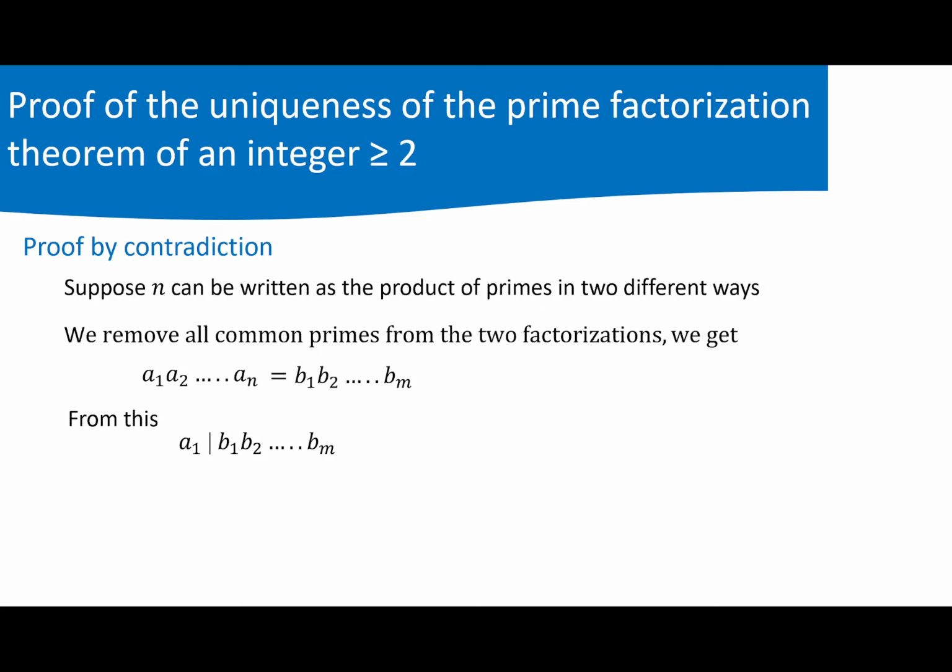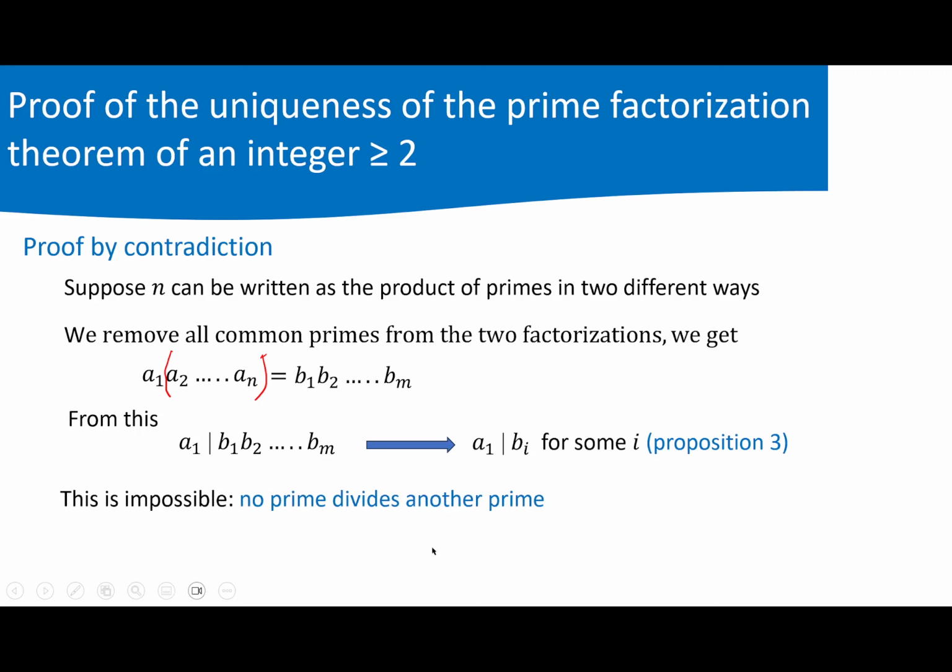Because a1 times this is equal to b1, b2, ..., bm. So a1 divides this, and a1 is a prime number. Then by proposition 3, a1 divides some bi here, and that's impossible because a1 and bi are prime numbers. No prime divides another prime.